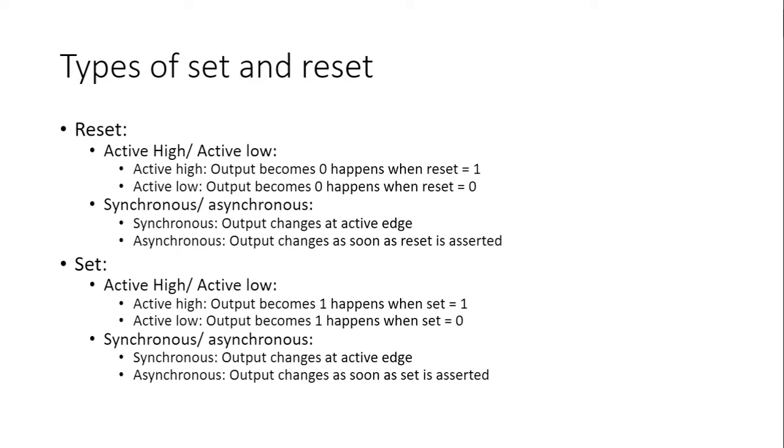And similar to synchronous and asynchronous reset, we have synchronous and asynchronous set, where synchronous set is the one in which the output changes at the active edge of the clock, and asynchronous set is when the output changes as soon as set is asserted.